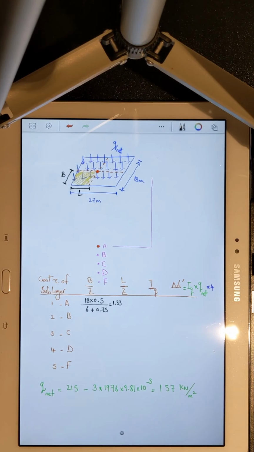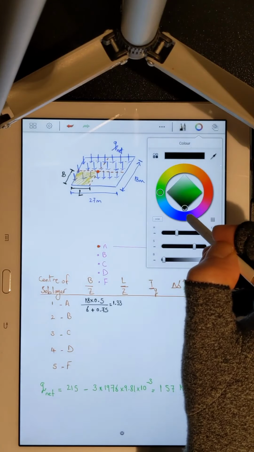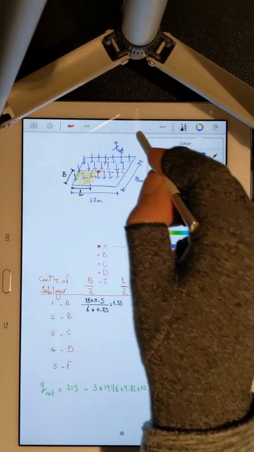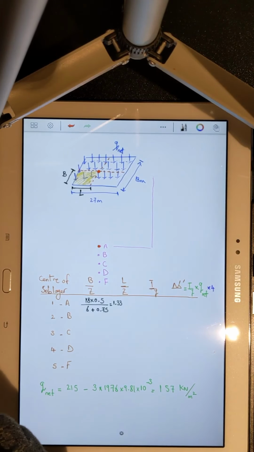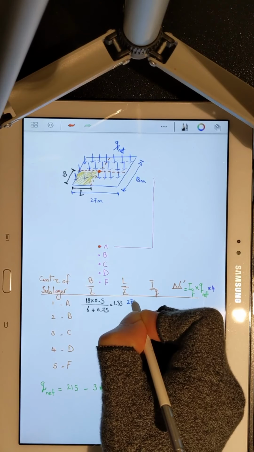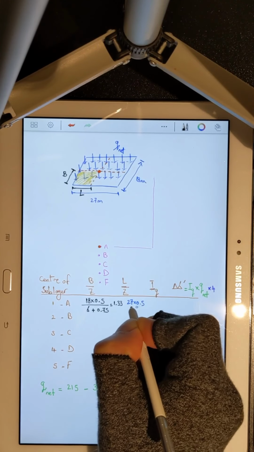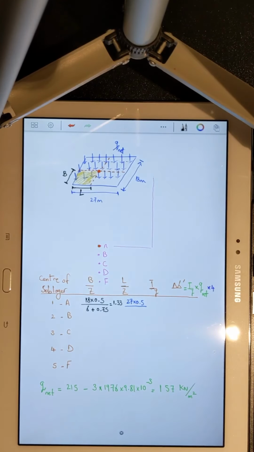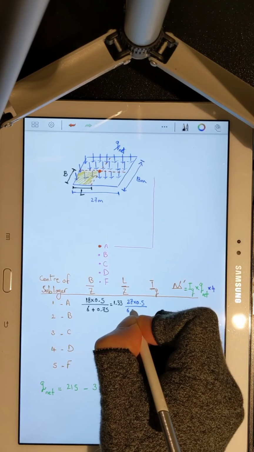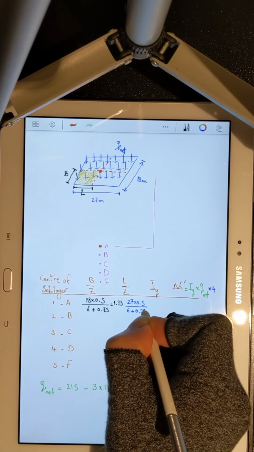How about L over Z? Different color, let's say blue. L is 27 divided by 2. And Z, same value, 6 plus 0.75.